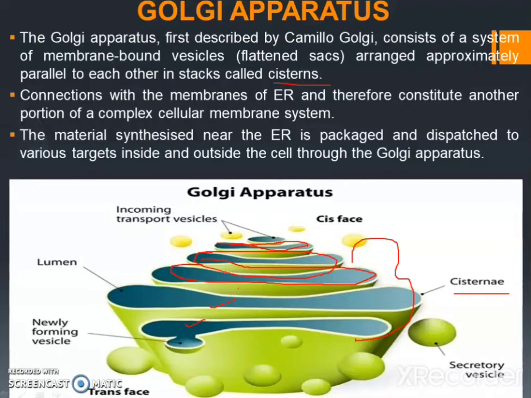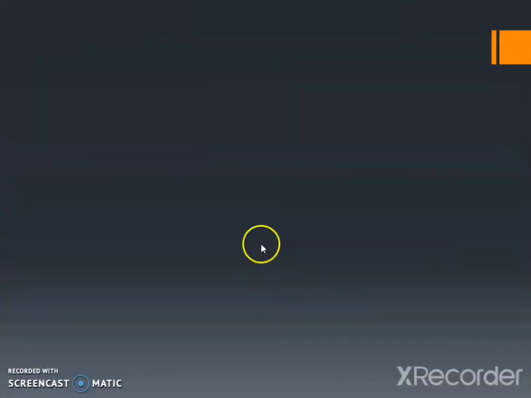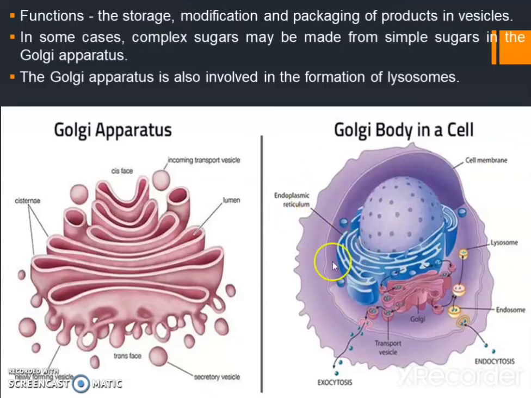I will just show it here in this image. Can you see the endoplasmic reticulum here, children? And next to the endoplasmic reticulum you see this Golgi apparatus, right? So they will have some connection with the endoplasmic reticulum.